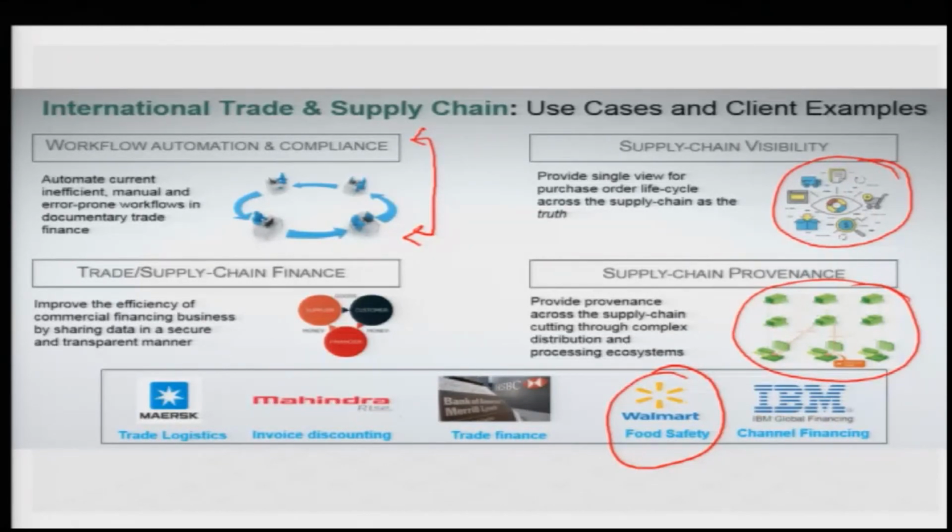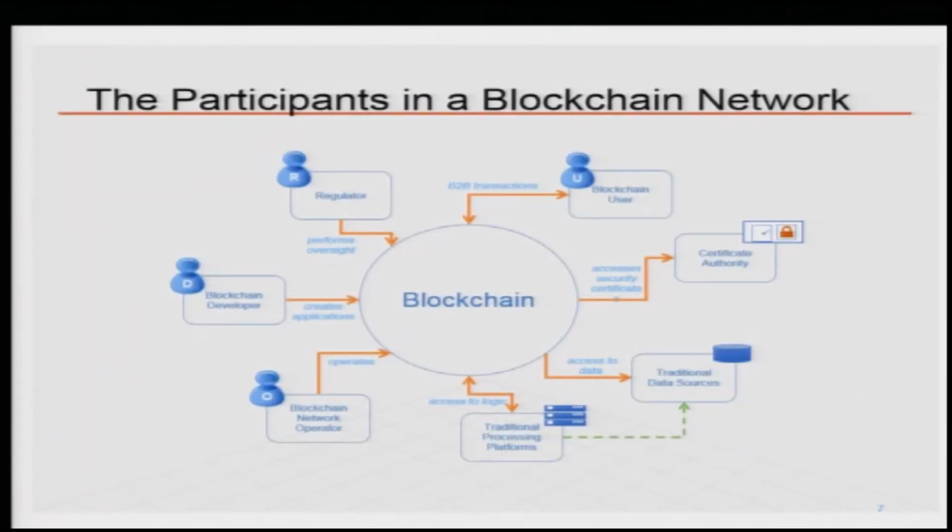All that information can be gathered from the blockchain, and it cannot be tampered with by any of these parties, and that's a good thing to have. Similarly for supply chain provenance, if you want to know where something came from, whether it involves child labor or not, all that can be tracked if every step of the process puts the information on a single blockchain. So these are some of the applications we are talking about.